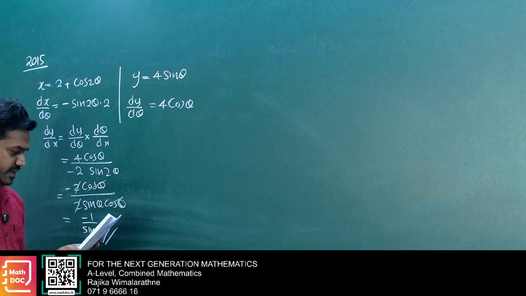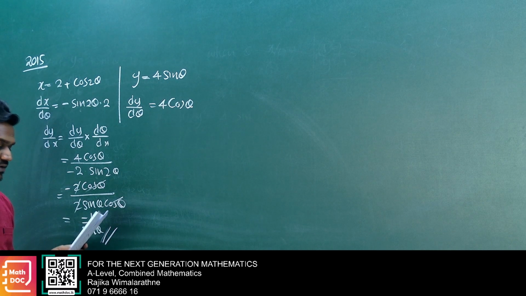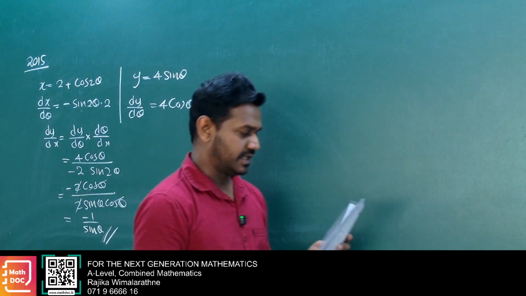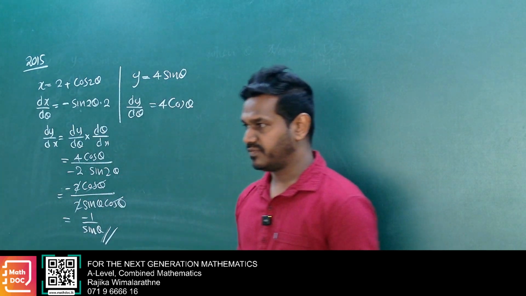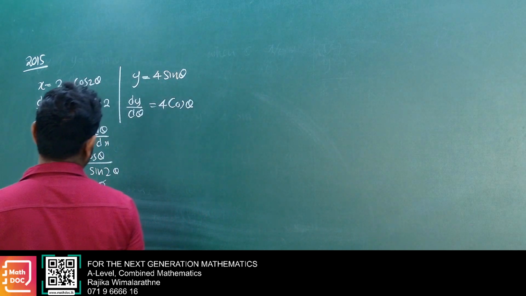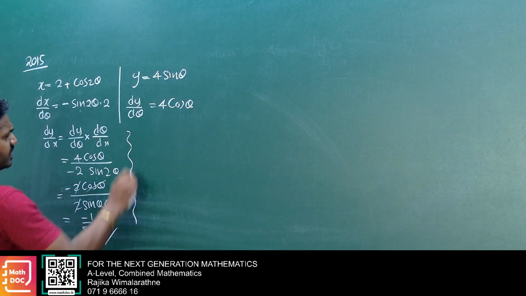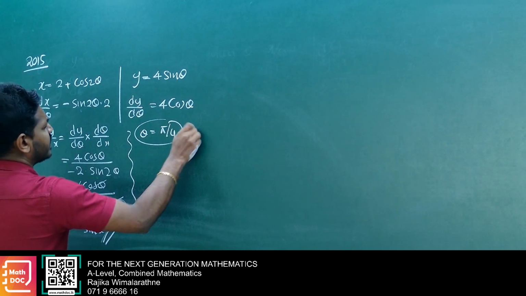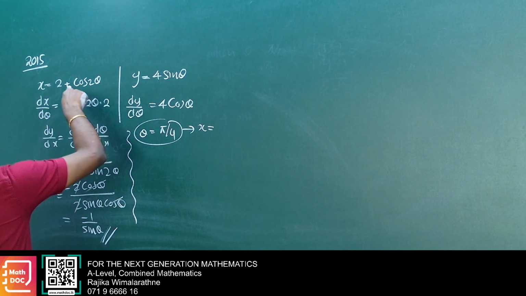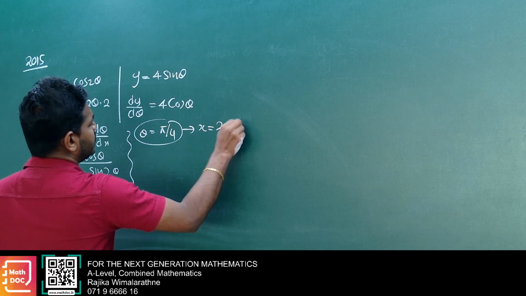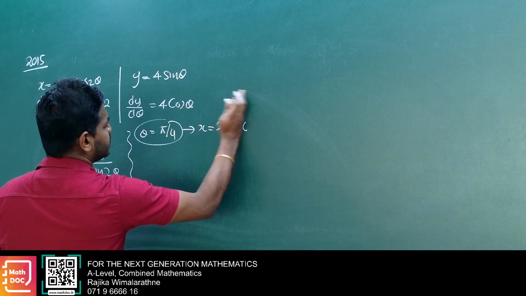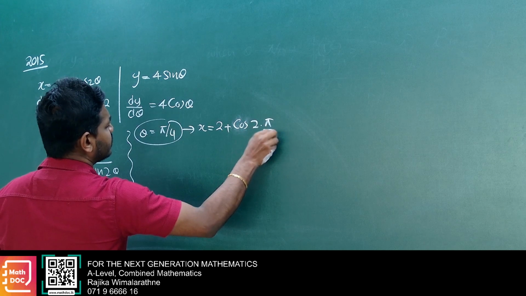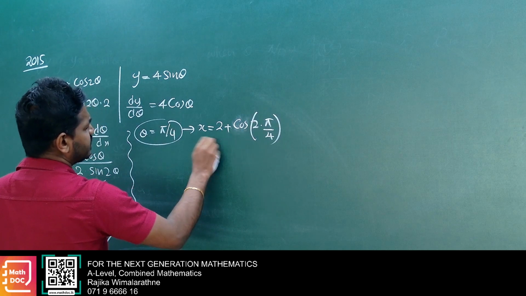Now we have to find the normal equation only, at theta equals pi by 4. Take x first: 2 plus cos 2 times pi by 4, which is cos 90, so 0, giving x equals 2.